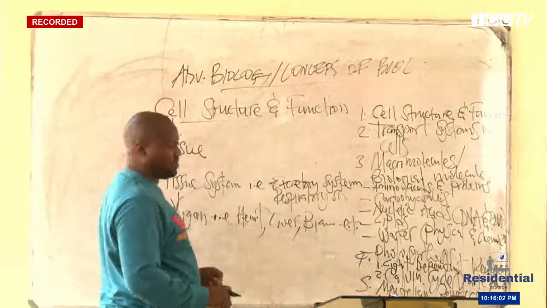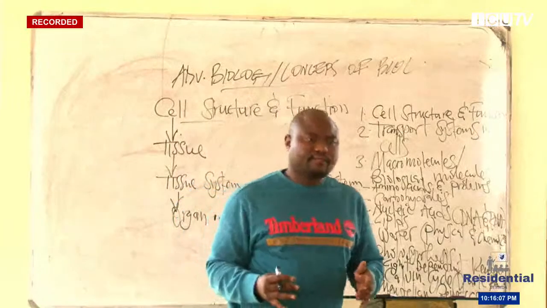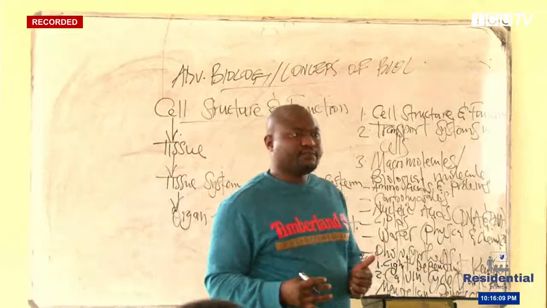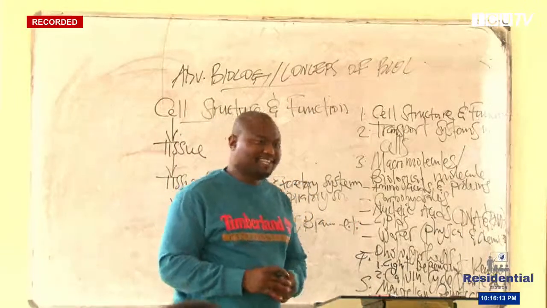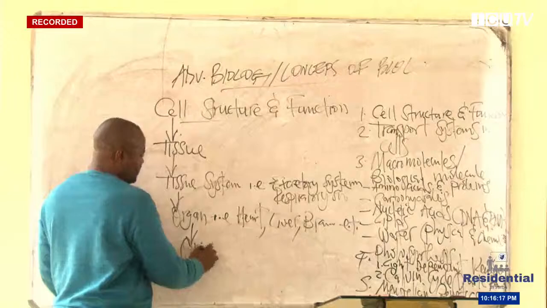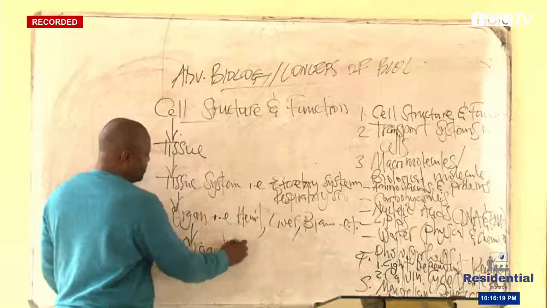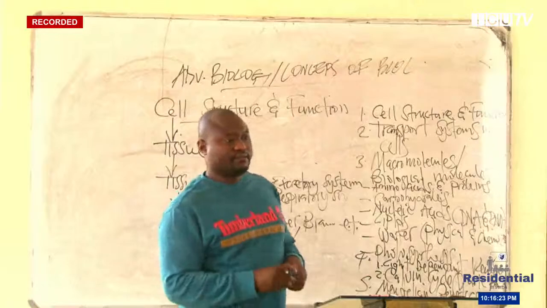So these are organs. Now, a group of organs working together in a system, what do they form? The body. An organism. So the point that we are trying to say is that everything is emanating from a cell.